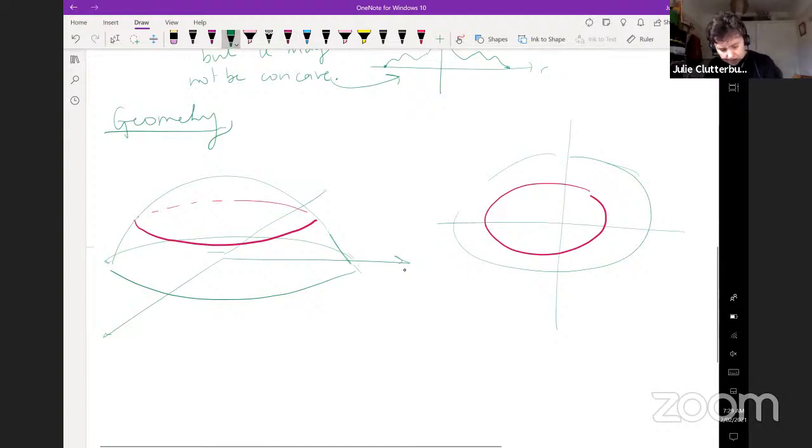This here is supposed to be the graph of U, and this here is supposed to be the level set. And what the implicit function theorem tells us is that we can always find a little parameterization of this level set at any point where the derivative is non-zero.